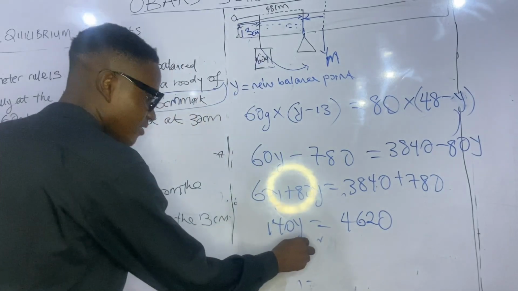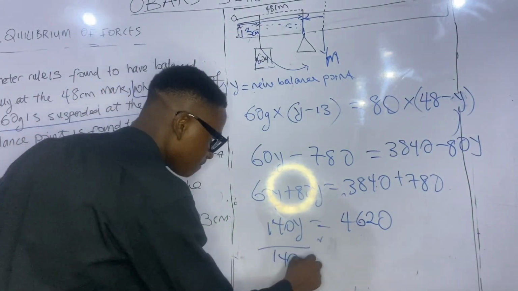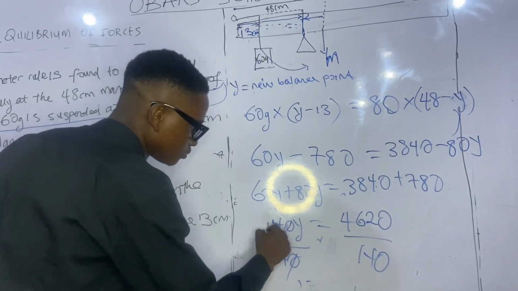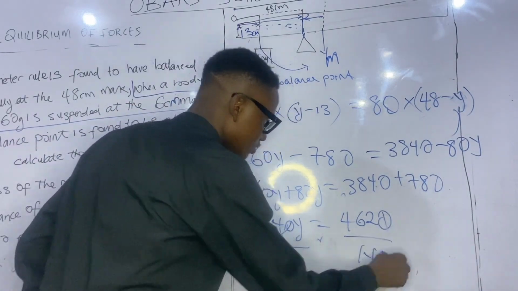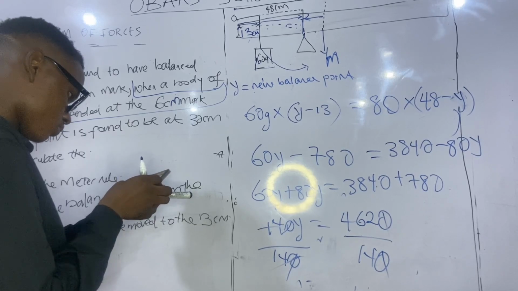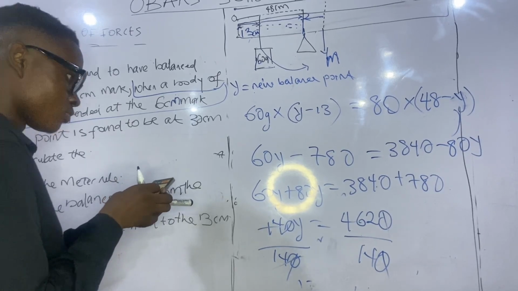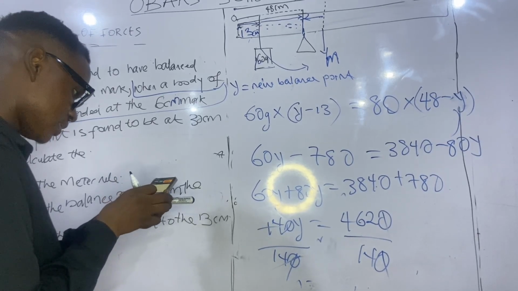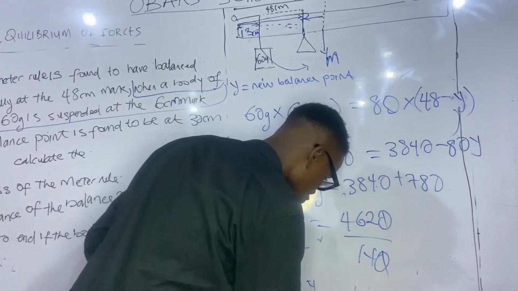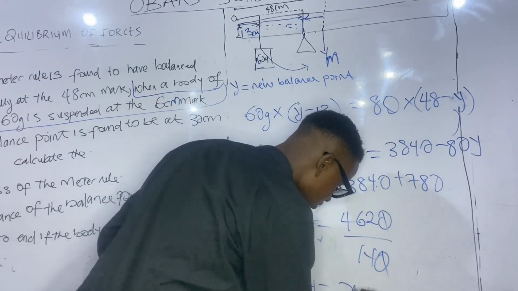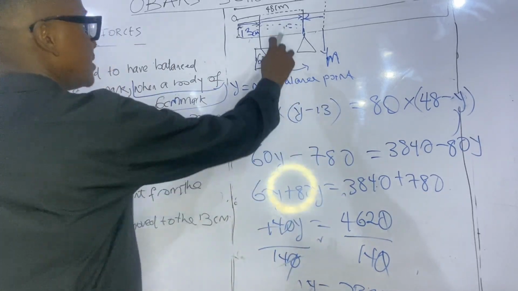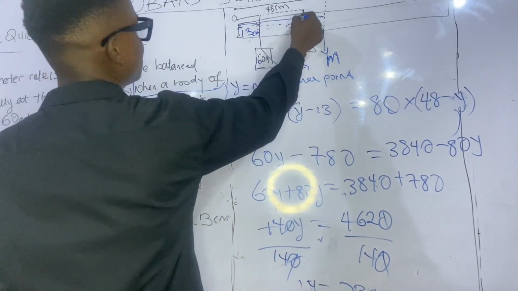So to get Y, divide by 140. That is 462 divided by 14. So the new balance point will be Y equal to 33 centimeter.